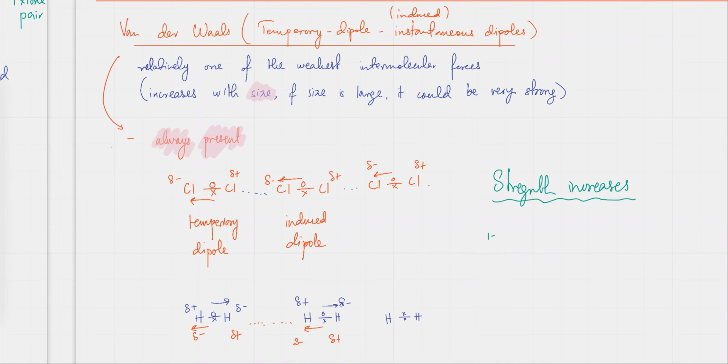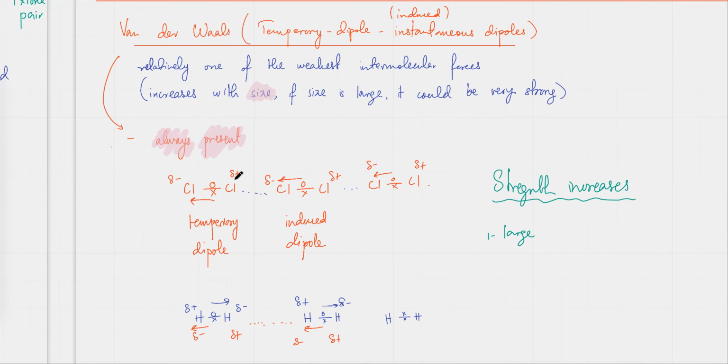Number one, larger molecules. If you have a bigger molecule, they've got more electrons. So the sizes of negative and positive charges that are building up are going to be larger. Like chlorine has a total of 17 electrons, so Cl2 has a total of 34 electrons.